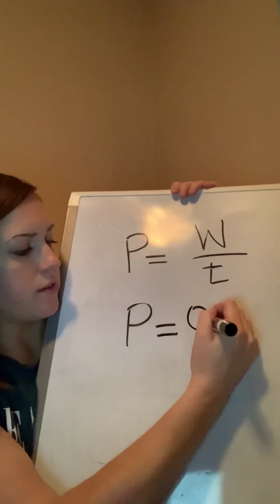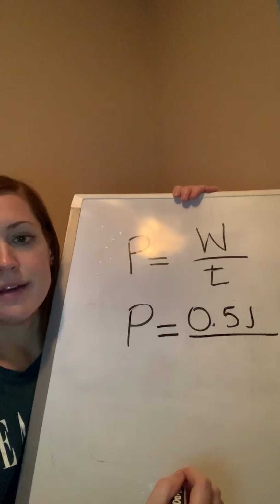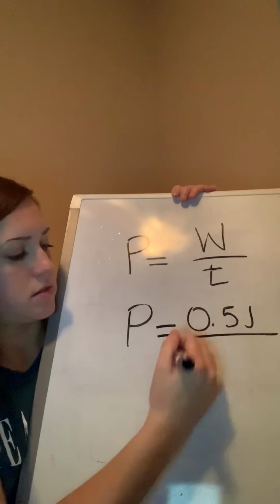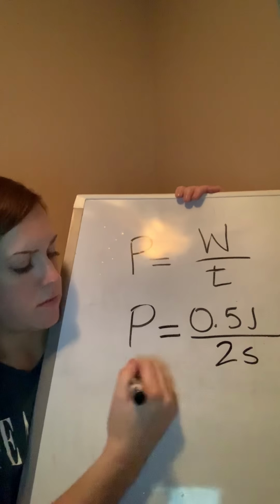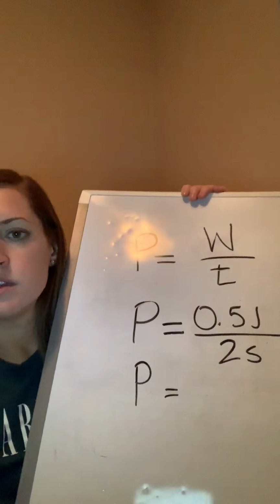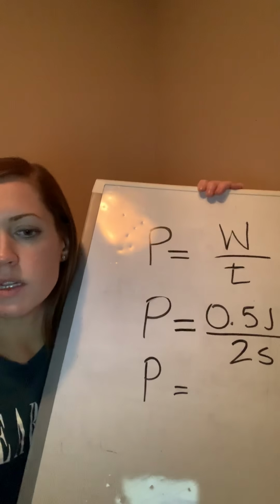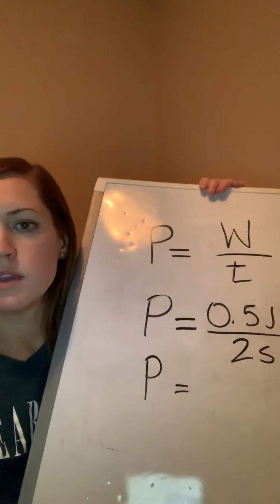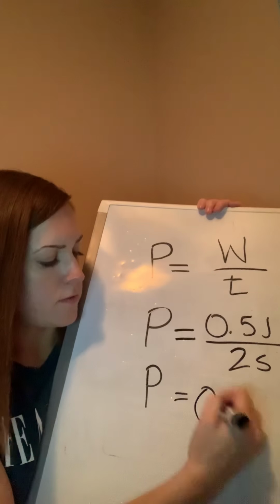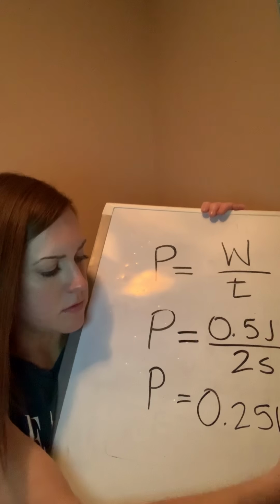So, 0.5 joules divided by the time, 2 seconds. 0.5 divided by 2 is 0.25 watts.